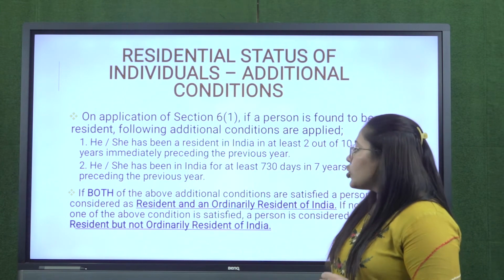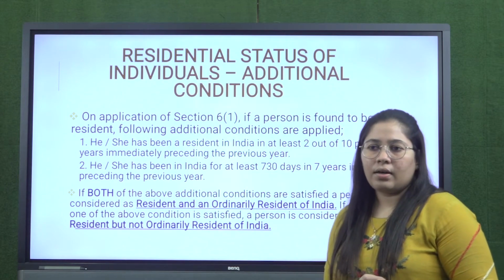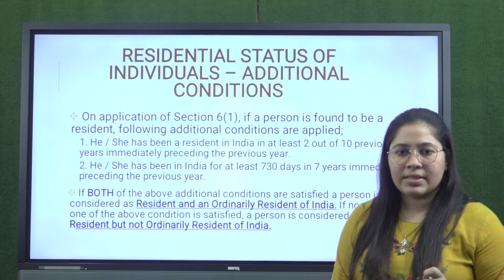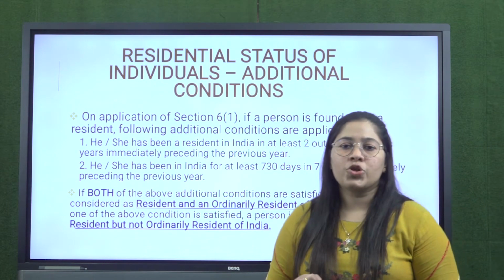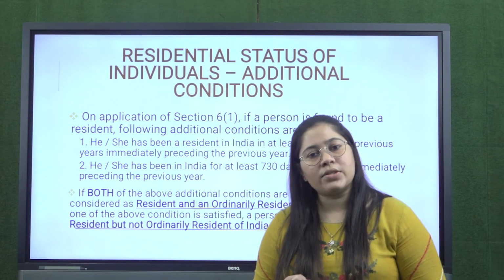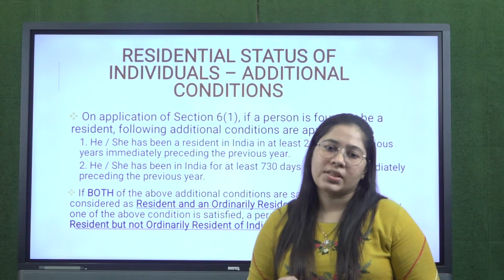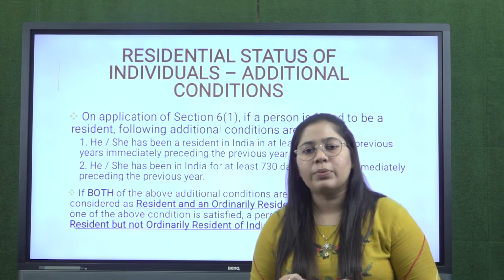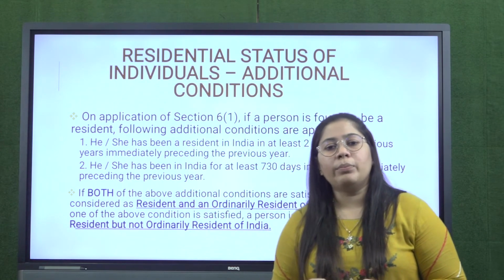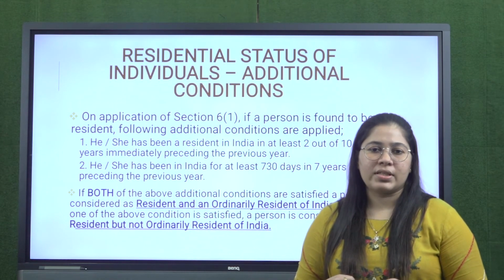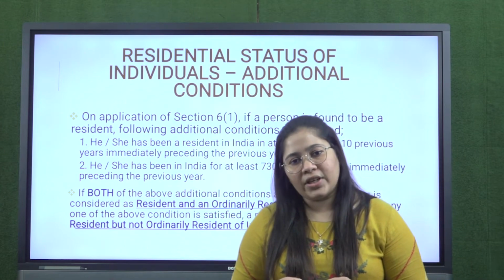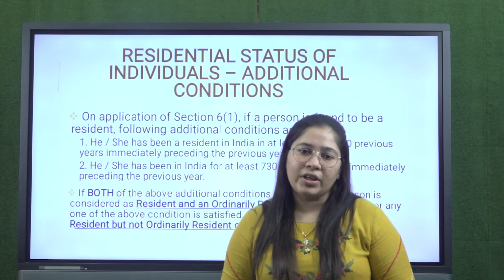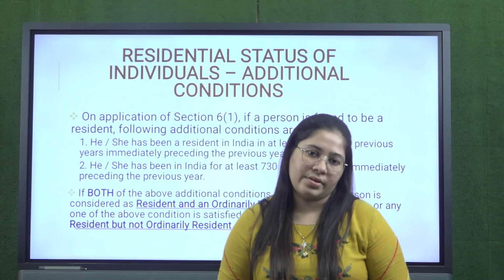Now, there are two additional conditions which are laid down. First is that a person should be resident in at least 2 out of 10 previous years immediately preceding the previous year. And number 2, a person should be present in India for at least 730 days in 7 years immediately preceding the previous year.